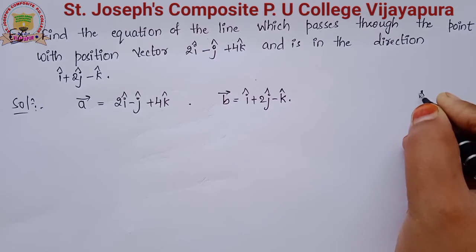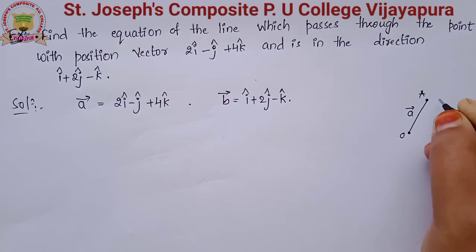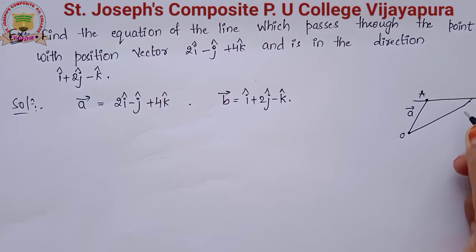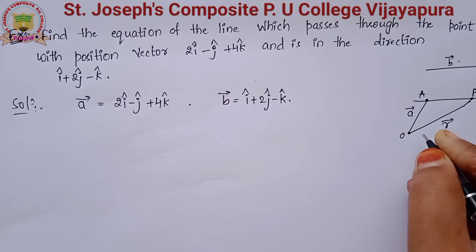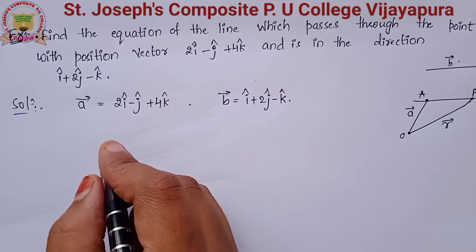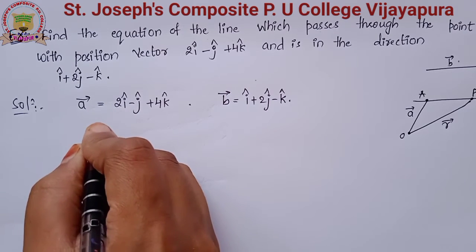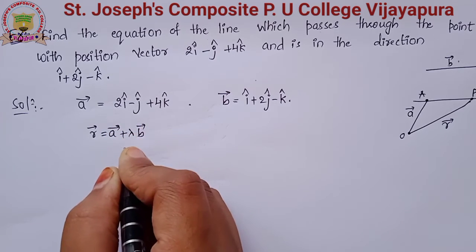This is our point A having the position vector as small a vector. This is your origin, and this is the equation of the line having the position vector r with some point P in the line L which is parallel to the given vector B. So here we have to find the equation of this line, and our equation of the line is very simple, that is, r vector is equal to a vector plus lambda b vector.